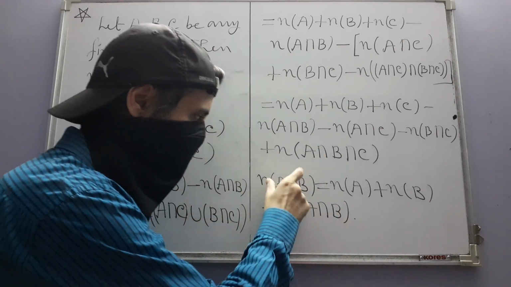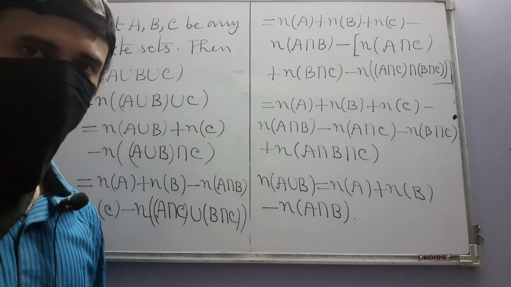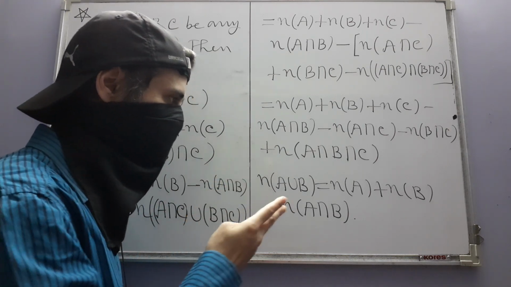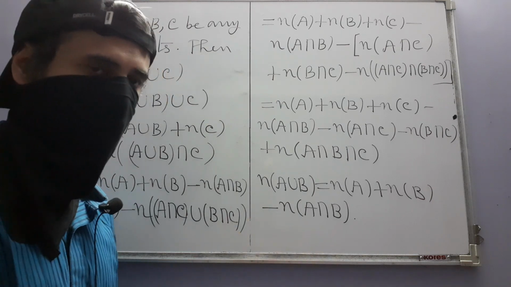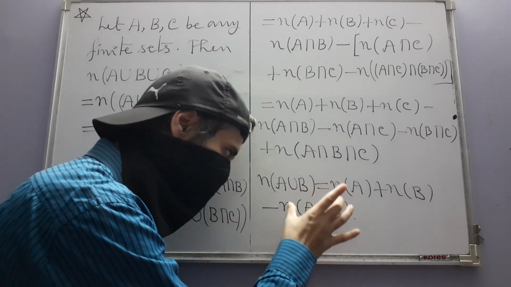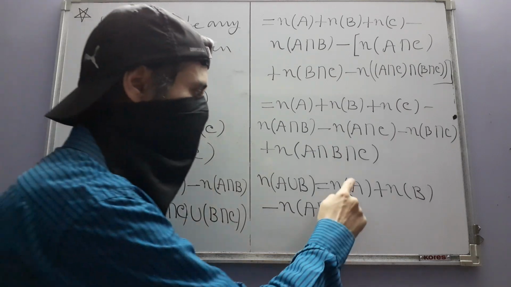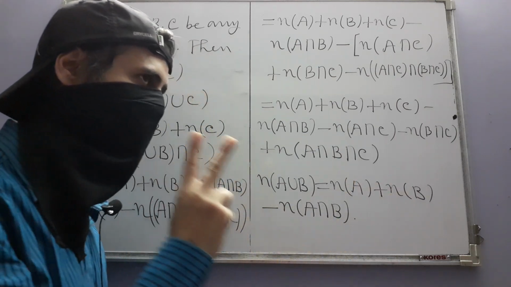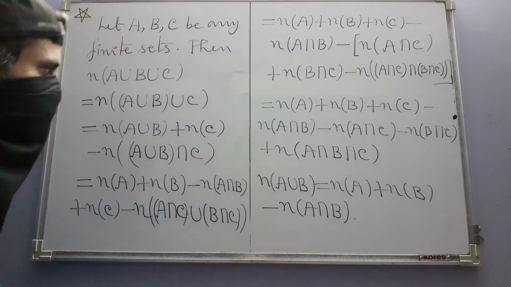And then intersections come. So first you consider intersection of any two sets, because here you actually have only two sets, so only one intersection is appearing.